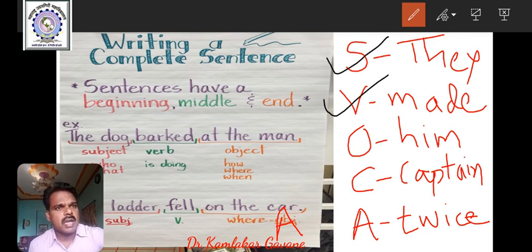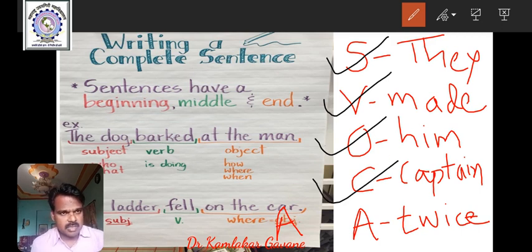Verb is the action denoting word. Object is the receiver of the action. Action is done upon it. Complement is of two types, subject complement and object complement. And last one, adverbial, is the most mobile element of a sentence.